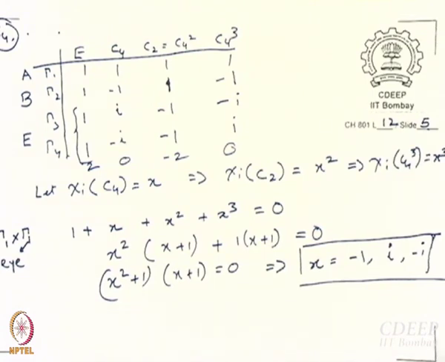There is nothing else, only C4 axis is there. And with respect to the C4 axis, you can turn once to get a C4 operation, twice to get a C2 or C4 square operation, thrice to get a C4 cube operation, and 4 times to get the identity operation. Okay, that is how you know.